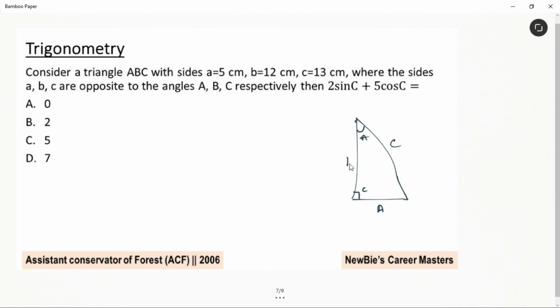Then, if we take B here, this angle should be B. Okay, let's replace the values now. c is equal to 13 and b is given as 12 and a is given as 5.